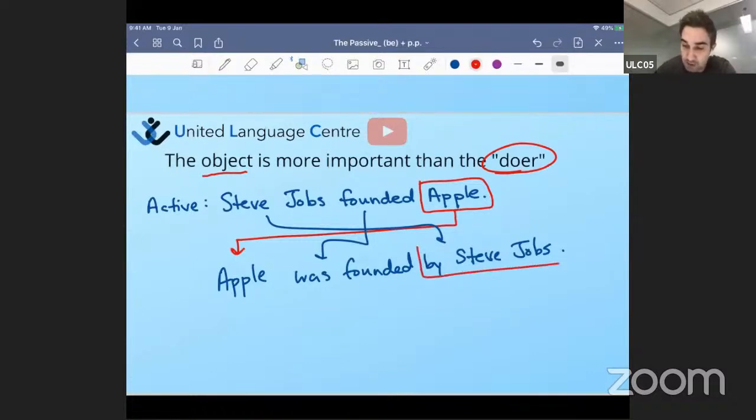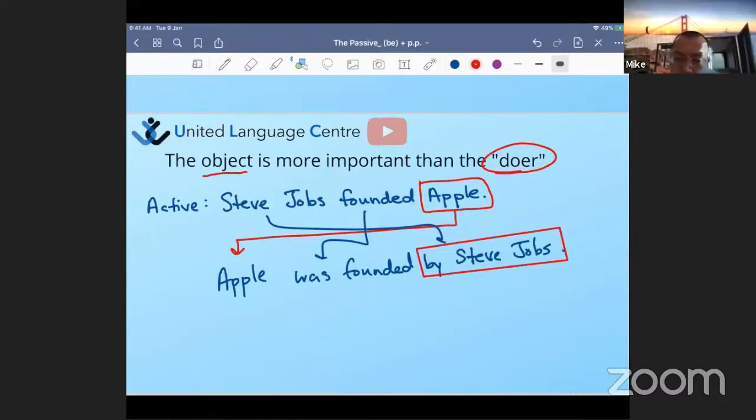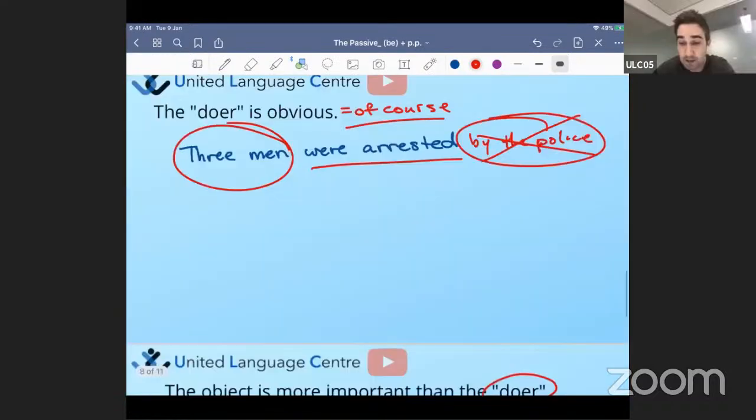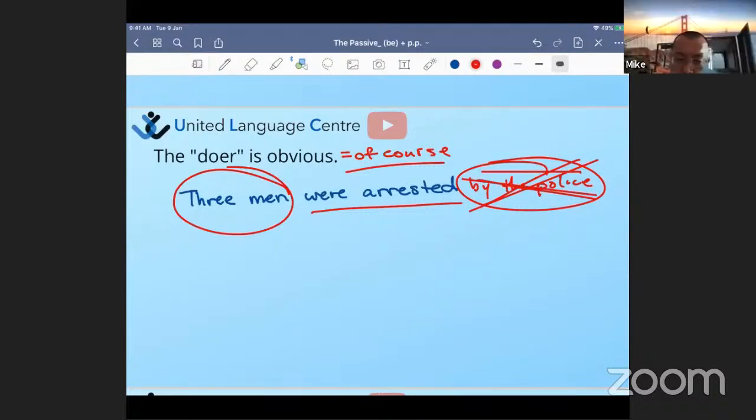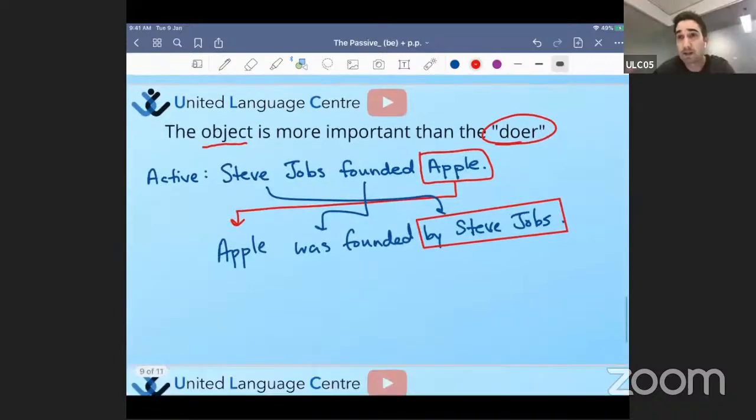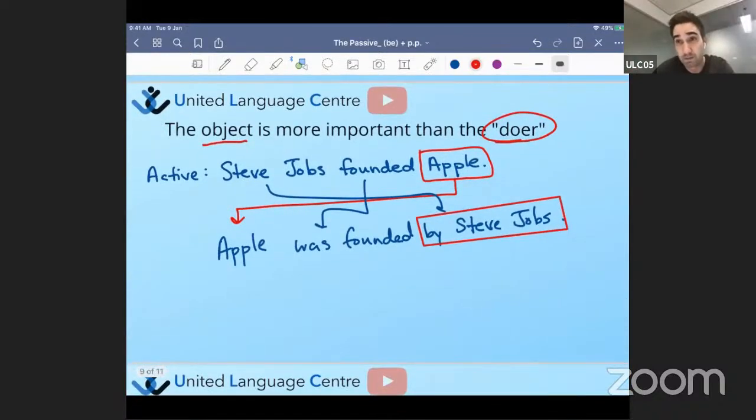Now, this is actually really important information. I can't take this away. Here I can say three men were arrested. The police is not important, I can take that away because it's obvious. But I can't say Apple was founded. I have to say by who, or in 1976 or something like that.